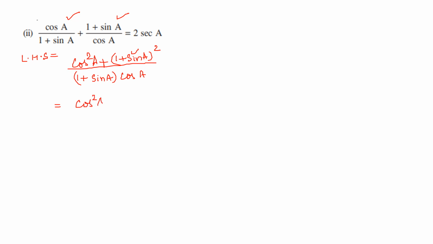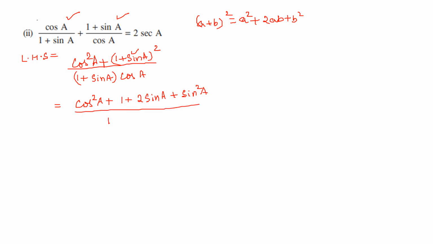So it will be cos square A plus, now (A plus B) whole square, we know that it is A square plus 2AB plus B square, right? So this I can write as 1 square is 1 plus 2AB, so 2 into 1 into sin A, so it is 2 sin A plus B square, so sin square A. And this will be over (1 plus sin A) into cos A.